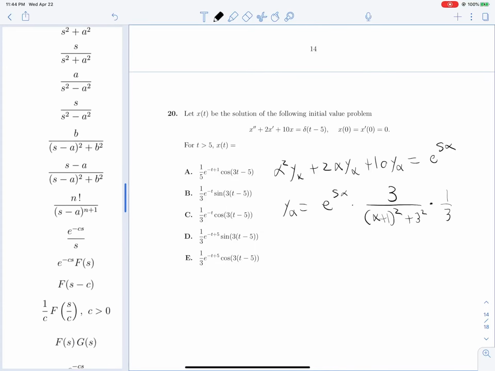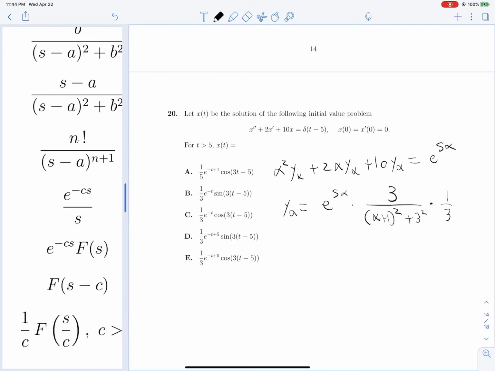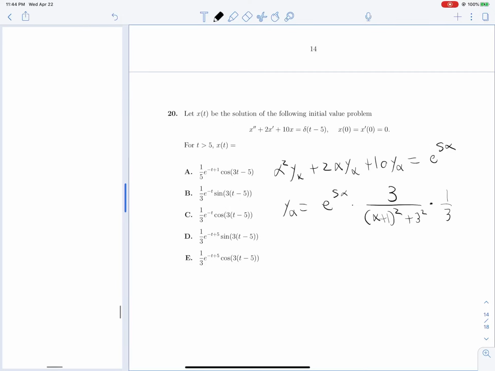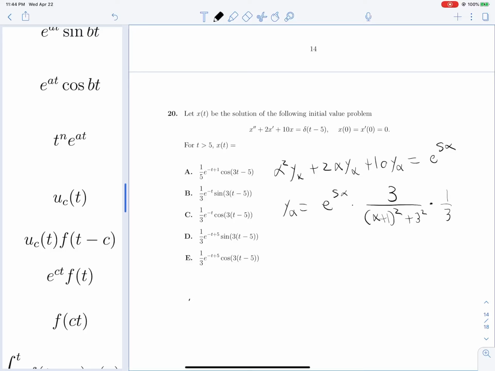So we do have to deal with one extra thing though, because we have e to the negative cs multiplied by the Laplace transform of some f of t, and we have to recognize that on the whole what we'll be doing here is seeing that y of t is equal to u_c of t, where c is 5 in this case. And sorry, this is a -5. That's a stupid mistake on my part. Whatever you have subtracted in this always ends up being subtracted in your Laplace transform for that delta function.